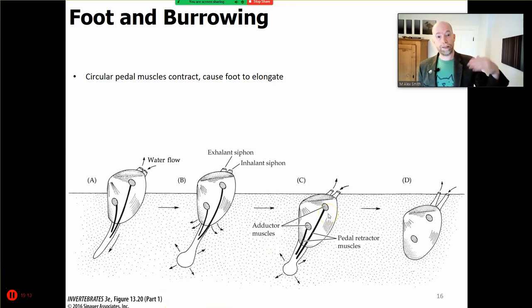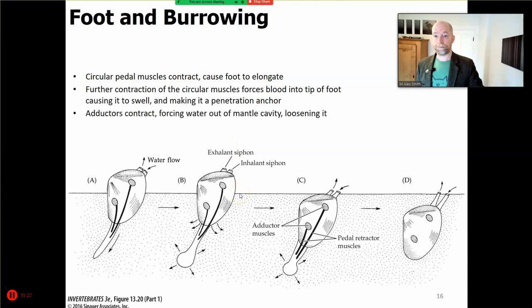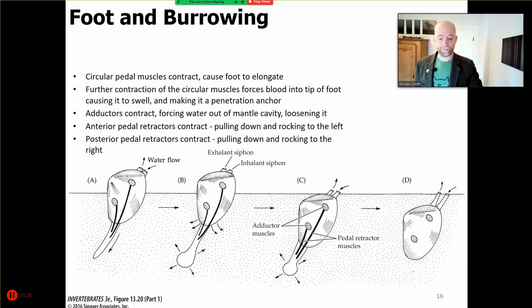So just the inhalant and exhalant siphons are above the water, thereby, as you can imagine, providing a lot of protection. And there's a description of that you can read later on.